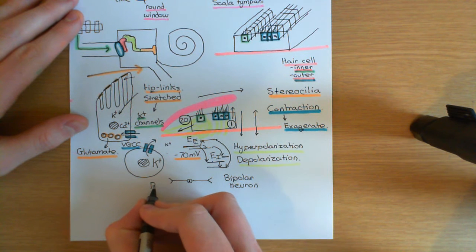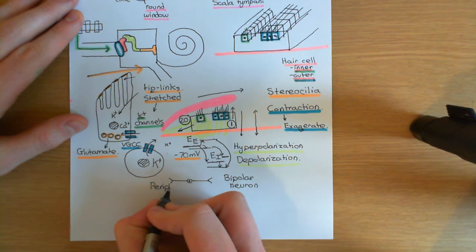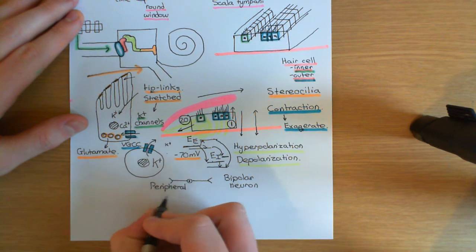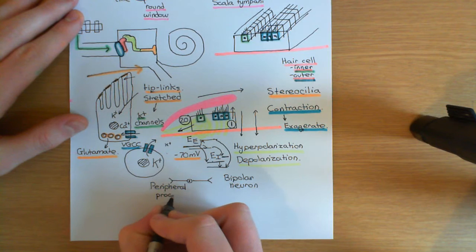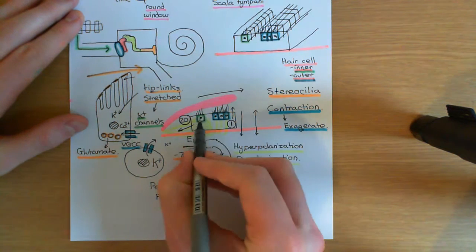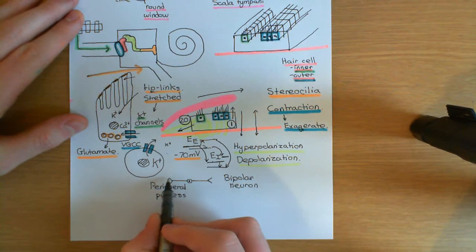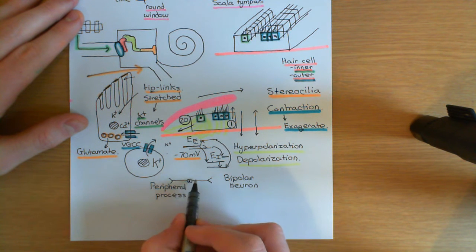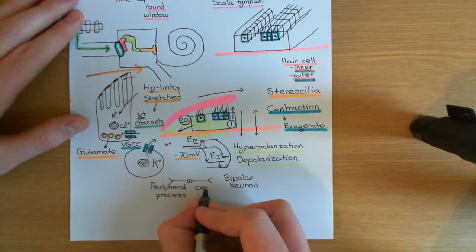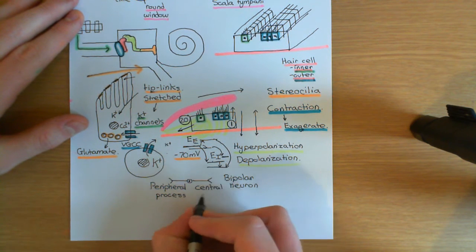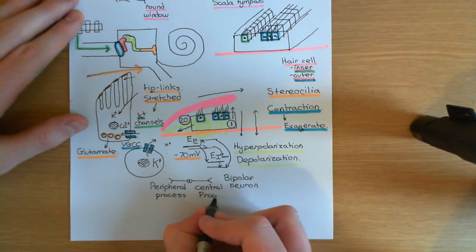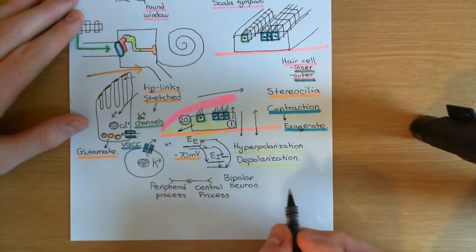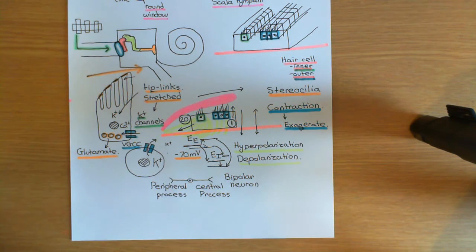One of these processes is the peripheral process, and this is the process that's going to go and innervate and synapse with the bottom of the hair cell. So this is the bit that's going to be stimulated by glutamate and cause an action potential to fire up it. And then they've also got another process, which is the central process, and this is the one that will then feed the action potential into the central nervous system, into the brain.